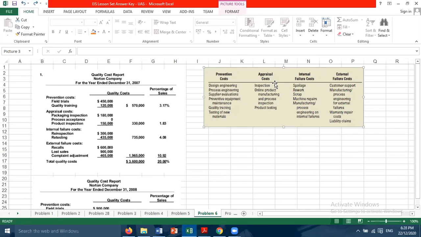While appraisal includes inspection, online product manufacturing and process inspection, and product testing. Right. Now, internal failure cost includes spoilage, rework, scrap, machine repairs, and manufacturing process engineering on internal failures. While external failure includes customer support, manufacturing process or engineering for external failures, warranty repair cost, and liability claims. So these are some common examples.